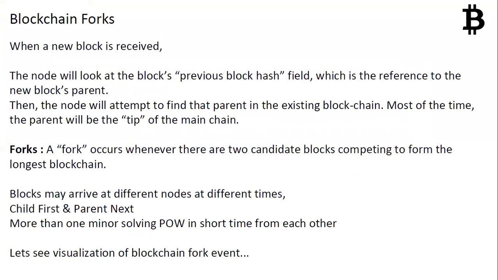Nothing but when a new block is being created, the hash value of the latest block is added in the new block so that they are cryptographically chained with each other. So the node will attempt to find that parent in the existing blockchain. And most of the time, the parent will be at the tip of the main chain.